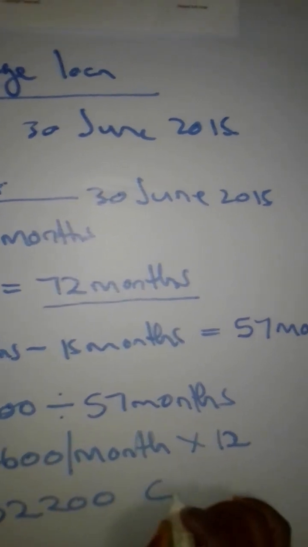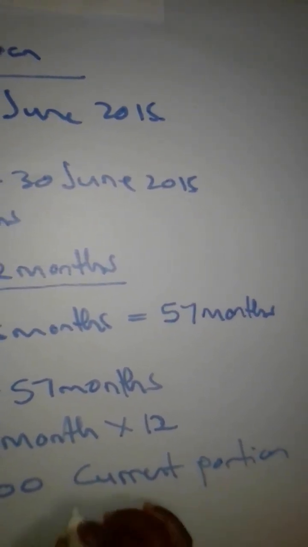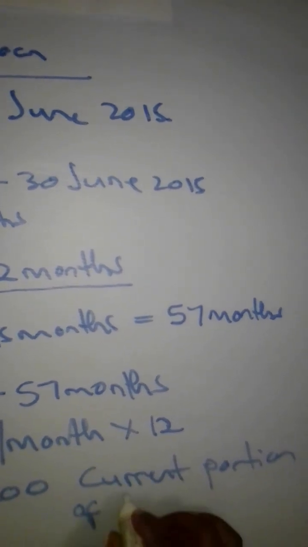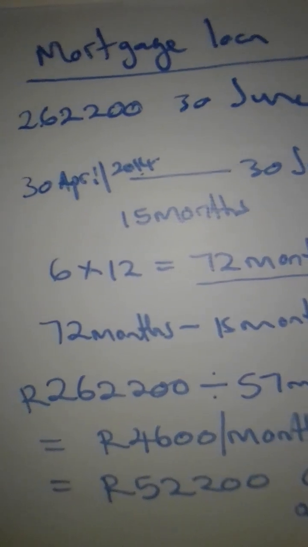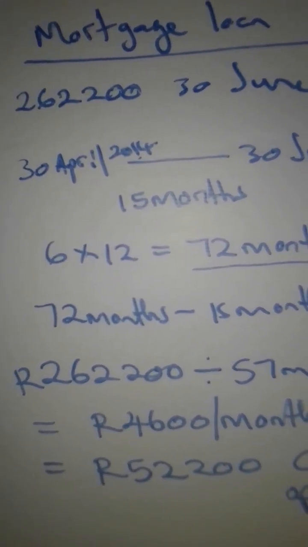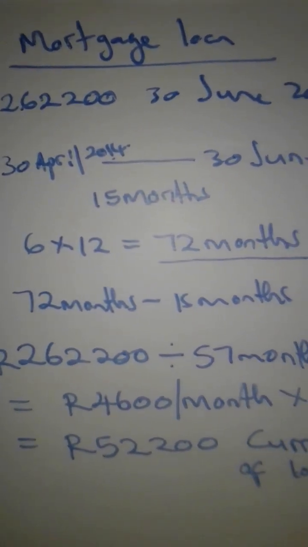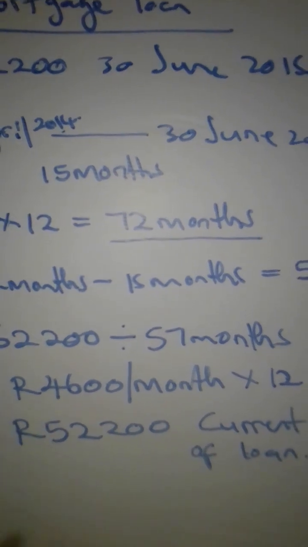This one is the current portion of the loan. I hope you have understood the calculation that I've done here. It is a little bit longer, but if you listen to it step by step, you will be able to understand exactly what I was doing.